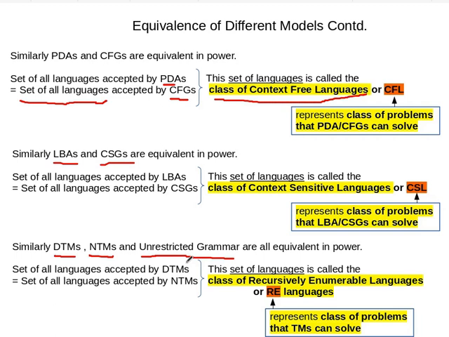As I said before, the Turing machine is the most powerful model that you can have. So this class of languages is the largest class of problems that you can solve using any computer at all.